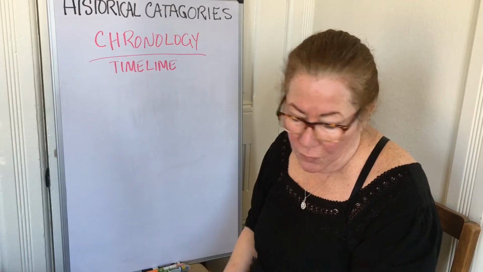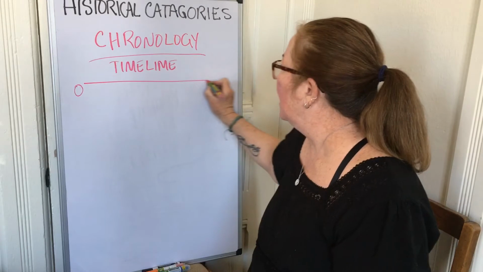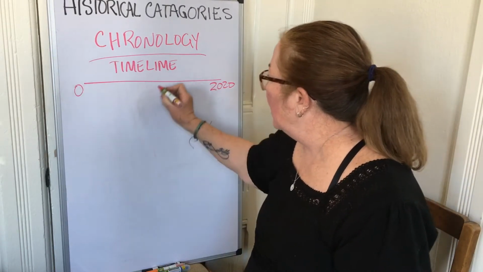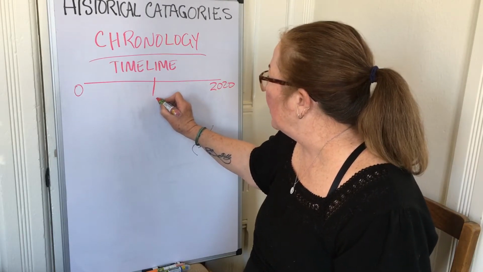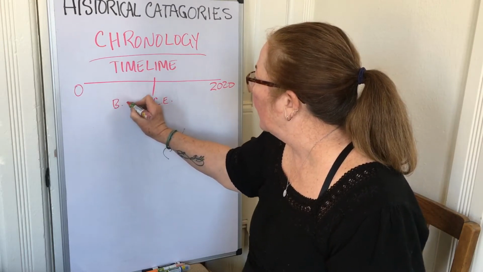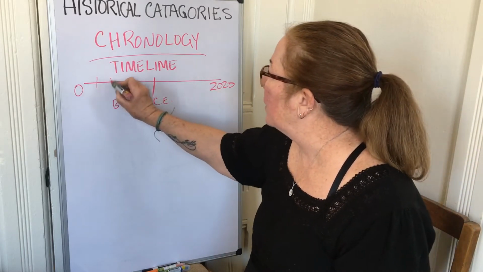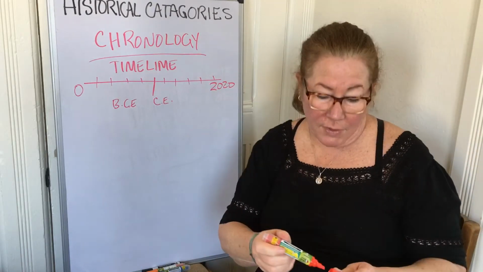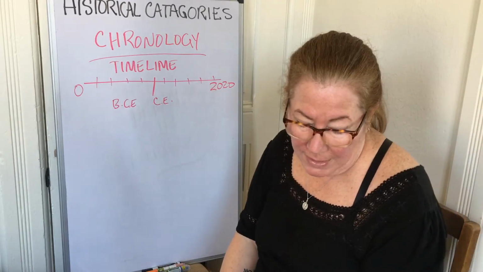If we start at 0, the beginning of time, and go to the present, which we call right now 2020, here is the current era, and this is before the current era. This is a timeline where things are taking place, artists are creating works, and we have it arranged chronologically from 0 to 2020.